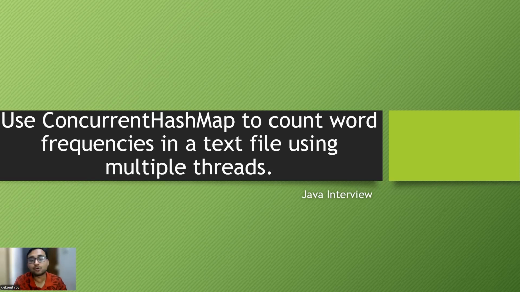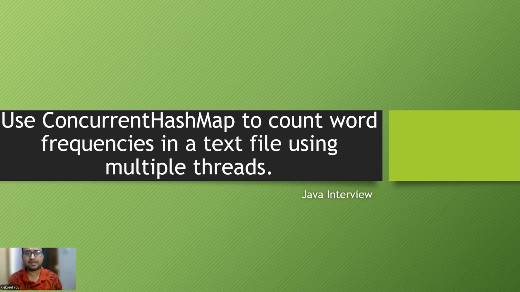Use ConcurrentHashMap to count word frequencies in a text file using multiple threads. This is a very interesting question. This question has been asked, I think once or twice, to one of my friends. There is a list of words defined in a particular text file, and you have to read the data line by line by different threads using ConcurrentHashMap.